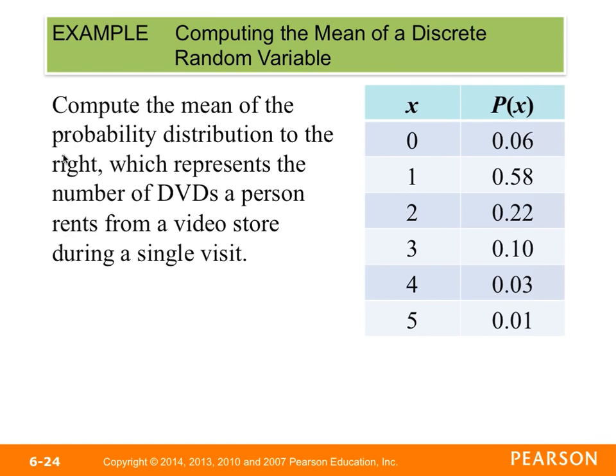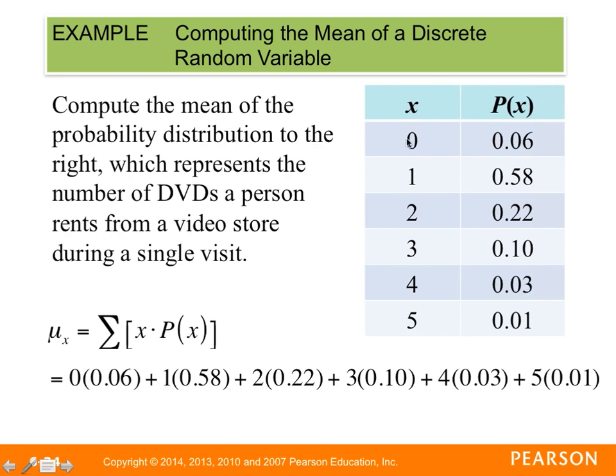So if we look at this example, compute the mean of the probability distribution to the right, which represents the number of DVDs a person rents from a video store during a single visit. So we have our x's and we have our probabilities. So what we want to do is we want to multiply the corresponding numbers and then add them all up.